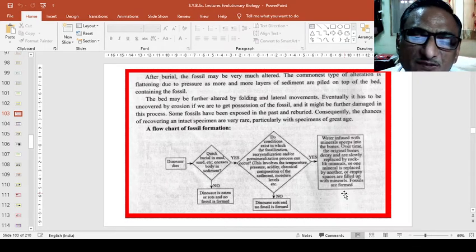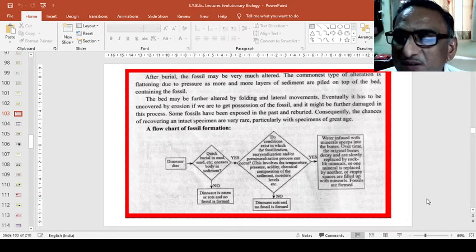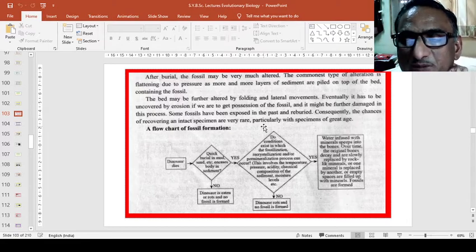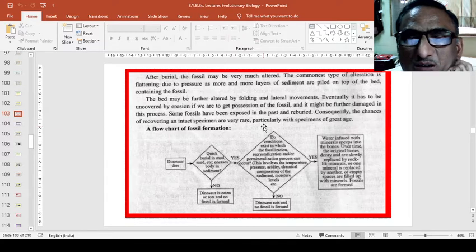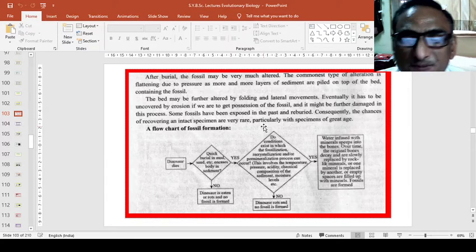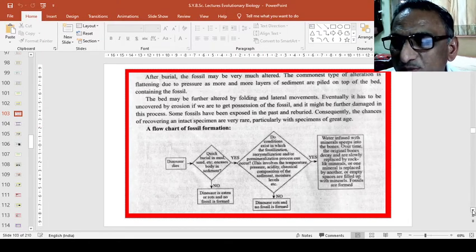And fossils are formed. So as we have seen in our last slide, they are formed in the form of cast or mold, means if the spaces in the specimen are either filled or empty. These are the only two possibilities.